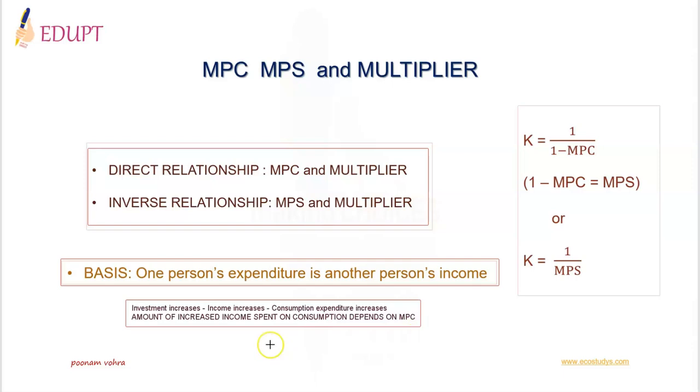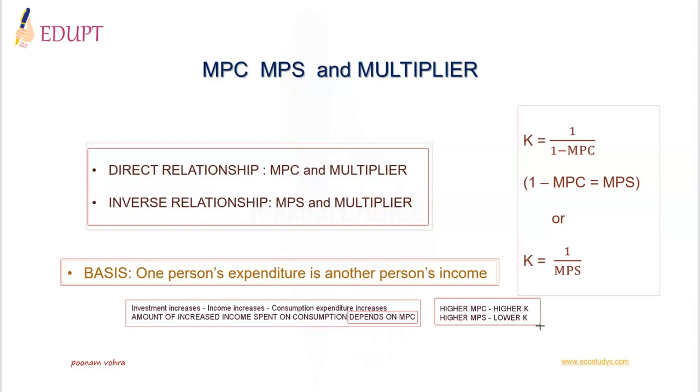However, the amount of increased income spent on consumption depends on marginal propensity to consume. If marginal propensity to consume is high, people will spend large proportion of their increased income on consumption. In such a case, the value of multiplier will be more.